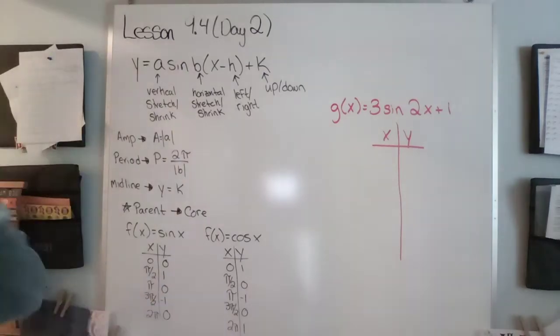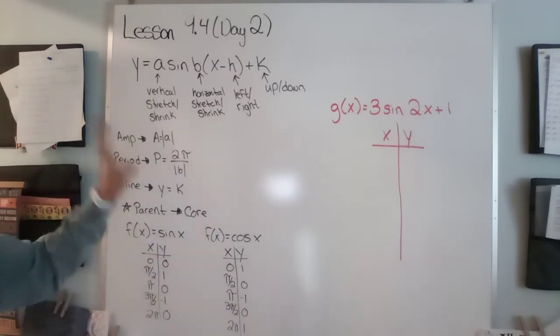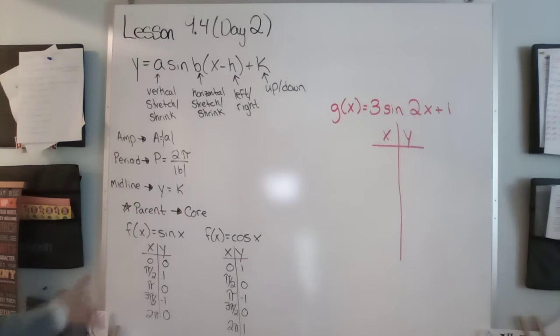So I got us started by writing a bunch of the key information that we need to know. All right, so everything in black, you basically need to know in order to do the table of values for the transformed graph and to come up with the graph, okay?